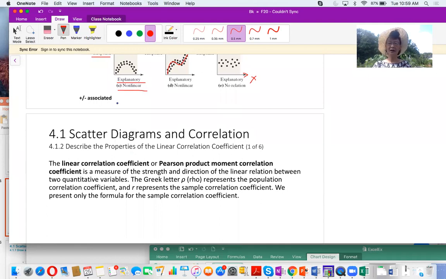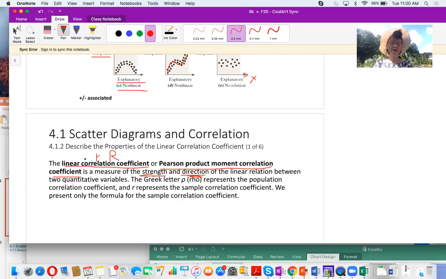In a scatter plot, we will introduce a very, very important terminology, linear correlation coefficient, or Pearson product moment correlation coefficient. We use small letter r, sometimes capital letter R. Okay. The linear correlation coefficient measures two things. One is the strength between X and Y. The other is the direction between X and Y. The bigger the number, the stronger the relationship.